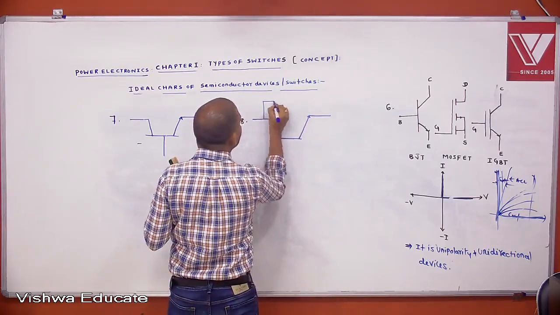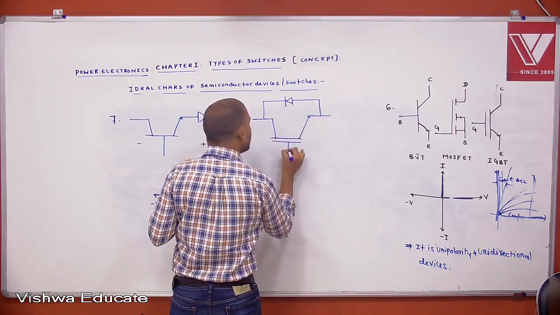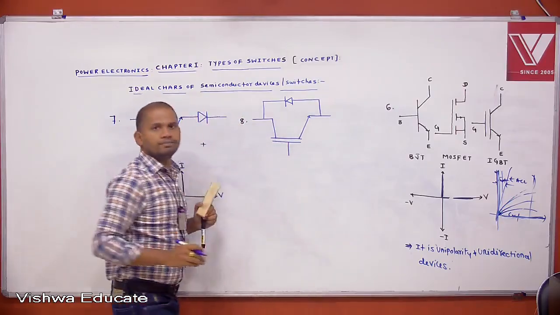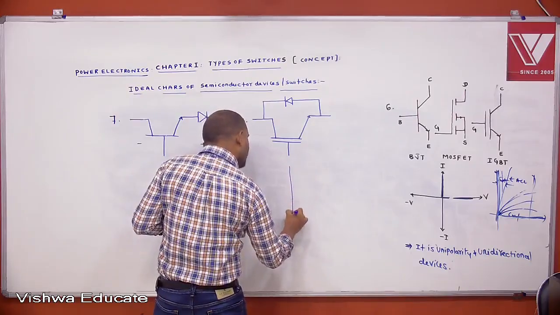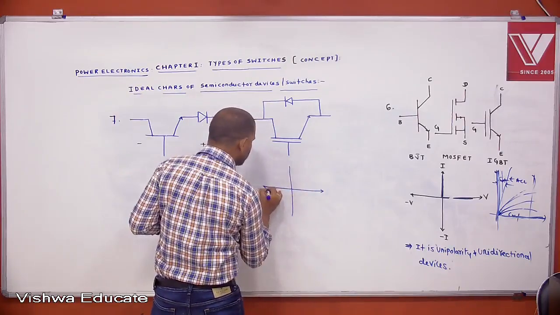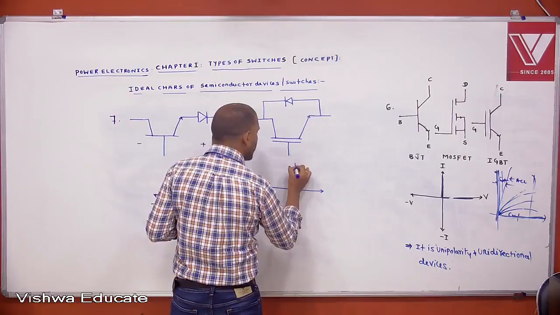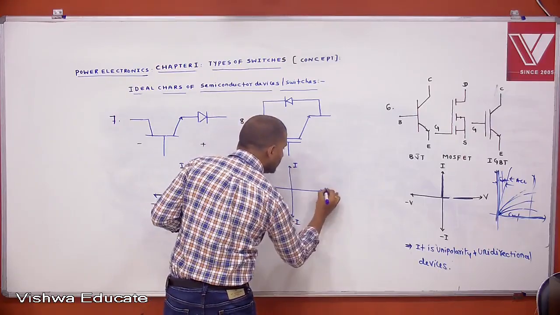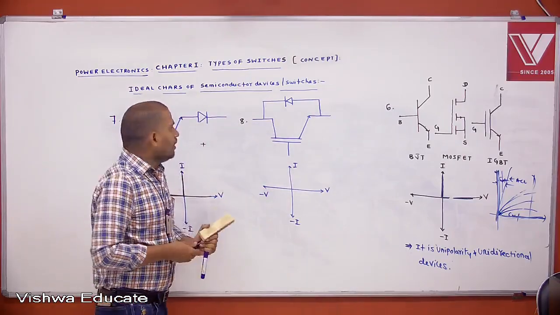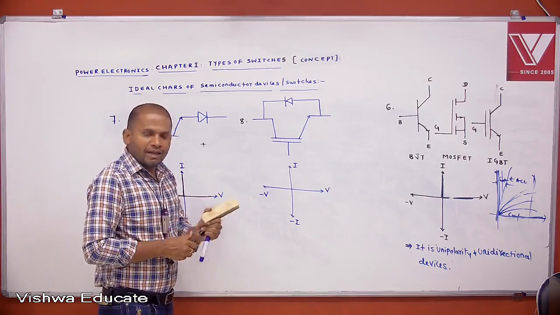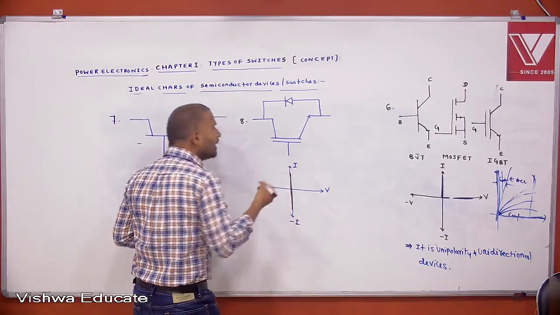Then, for example, if it is given like this, a BJT or an IGBT with anti-parallel diode, if you draw the characteristics for this device, this is I, this is minus I, this is V, and this is minus V. Because of the anti-parallel connection, it conducts in both the directions.